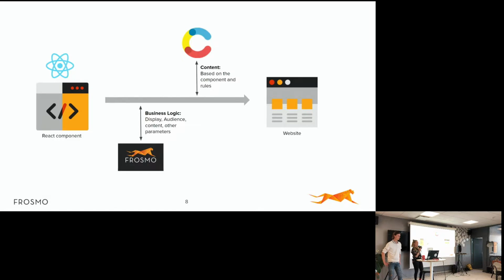So you can also define which content from Contentful should be given to this React component. By default, you usually map one code and one content together. But now you have the option to have, let's say, 20 different contents that are matching this component, and then you just define in Frosmo which one of those should go to which audience. And then it's all rendered on the website. Joona will show this later in code.